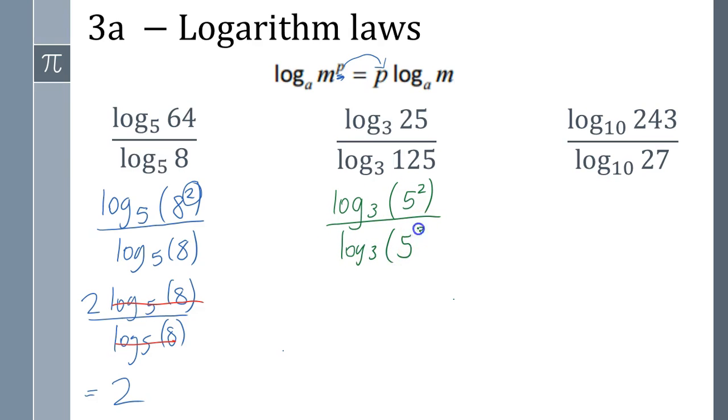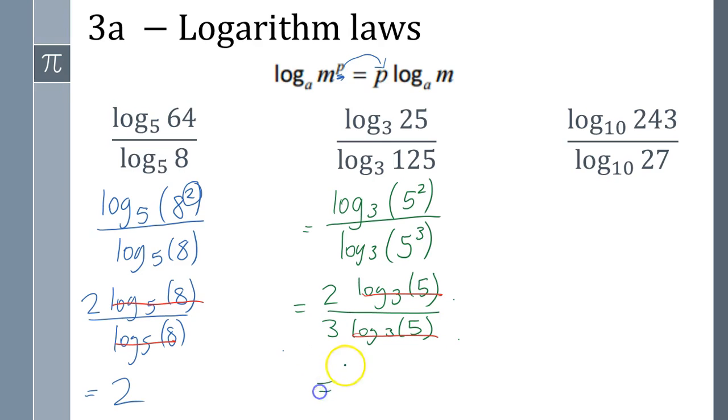And 5 to the power of 3 gives me 125. So those powers can come out the front. Okay. They're the same, they cancel out. So my answer is 2 over 3.